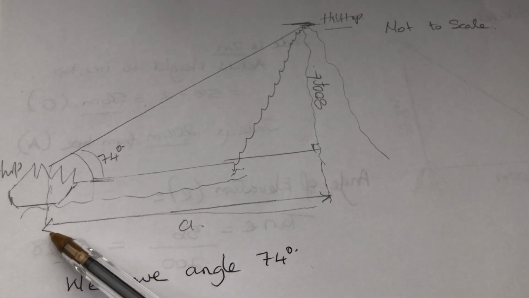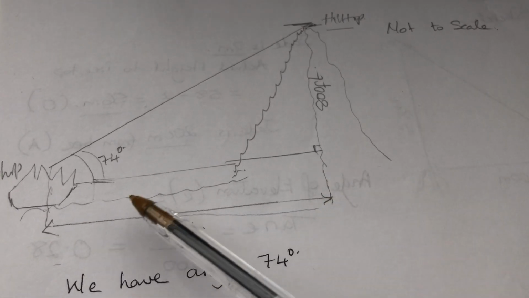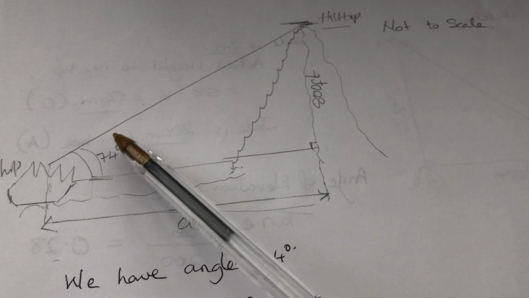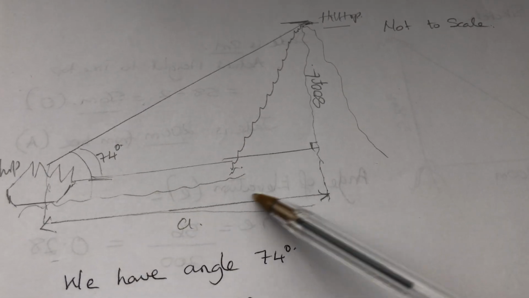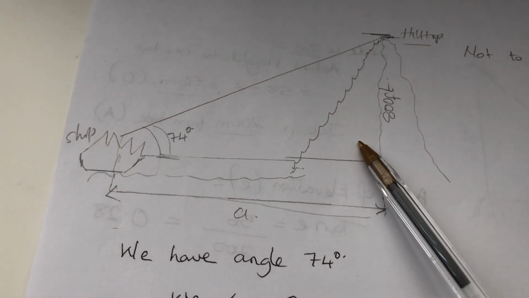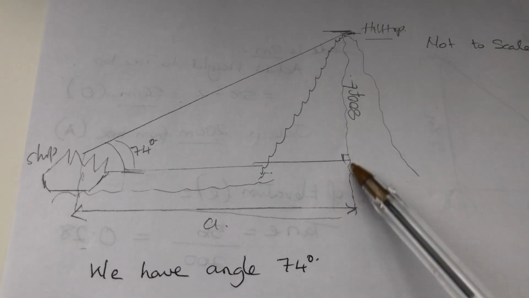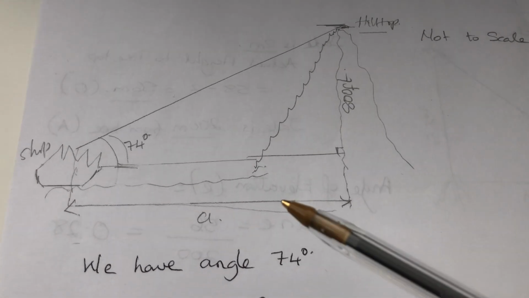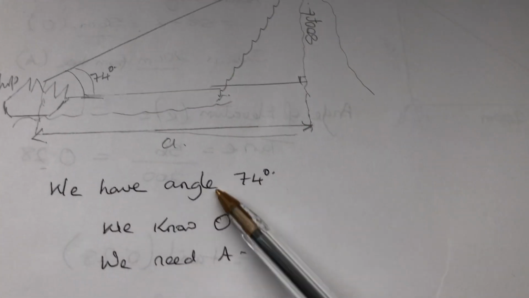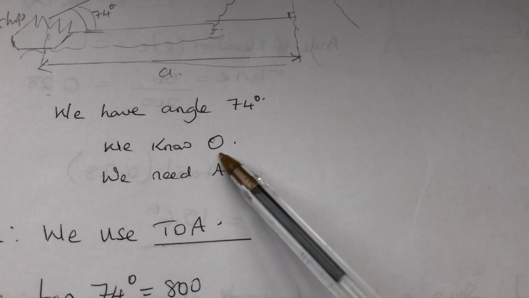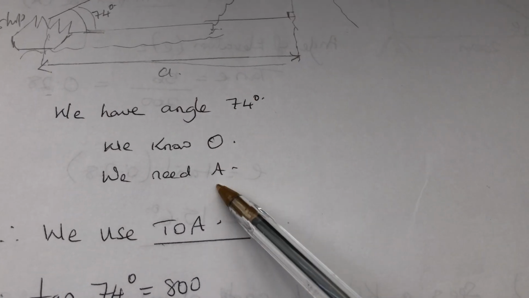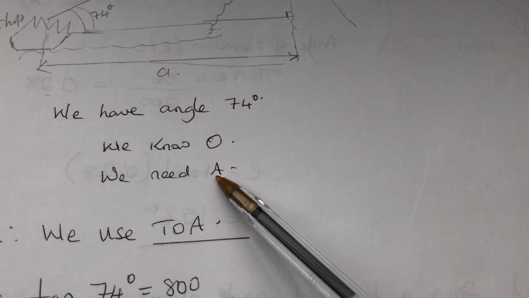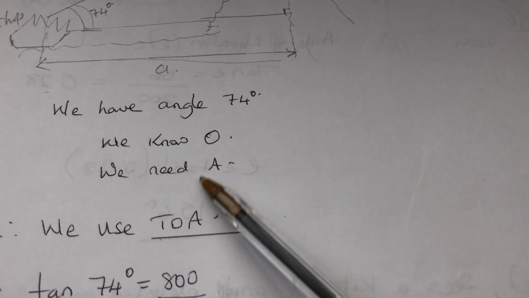Okay, so we need this distance. So now we know that's the angle, we know the adjacent, and we know the height, so we are going to use tan. So we have the angle, we know the opposite, we know the adjacent, so we'll use tan.